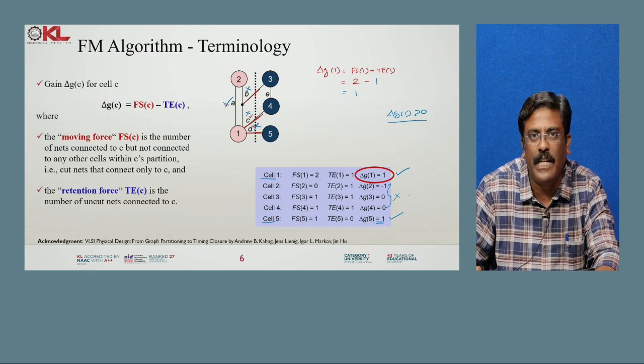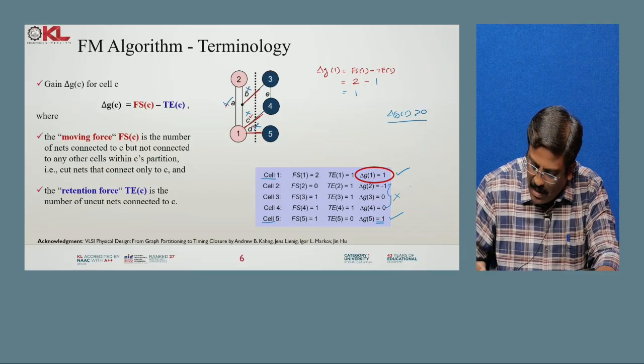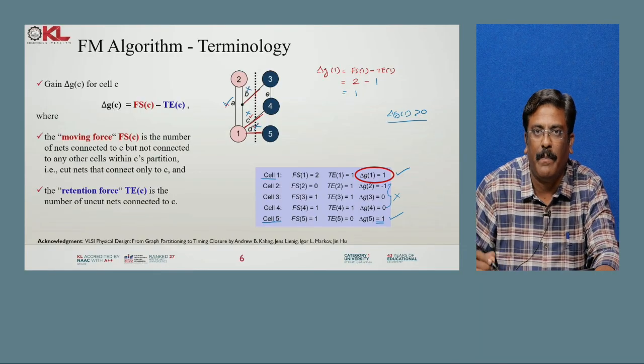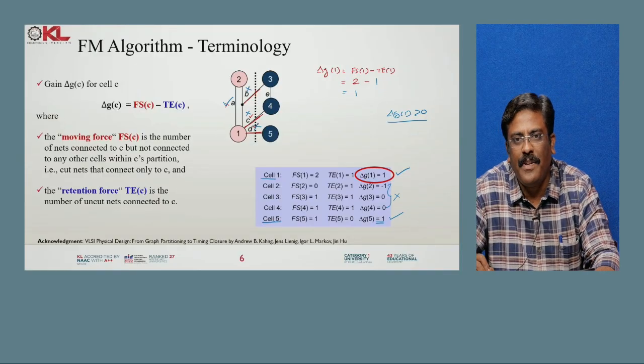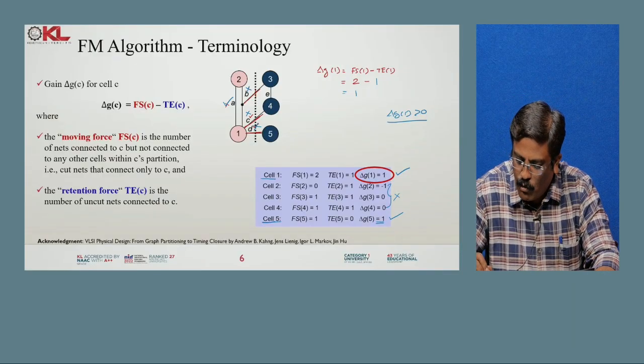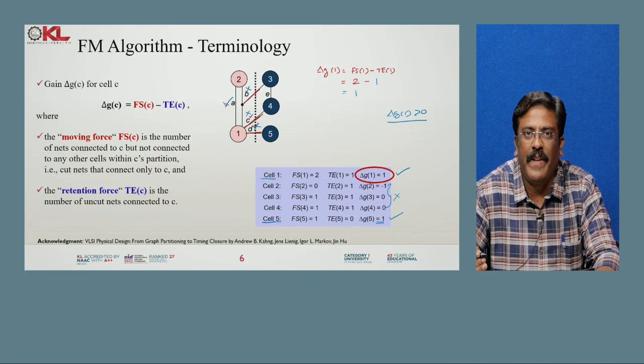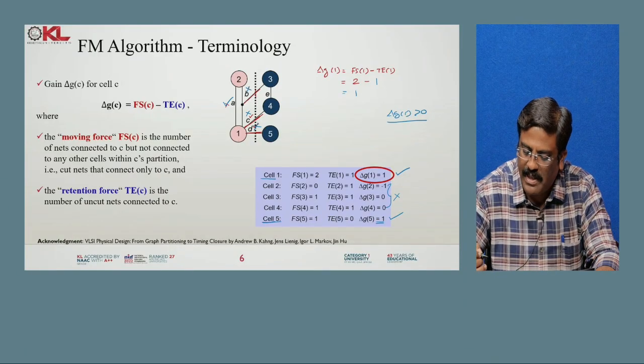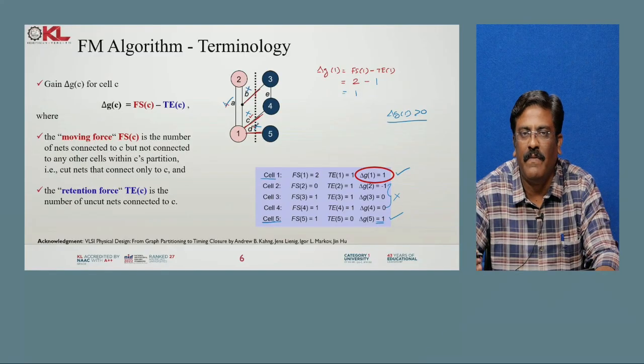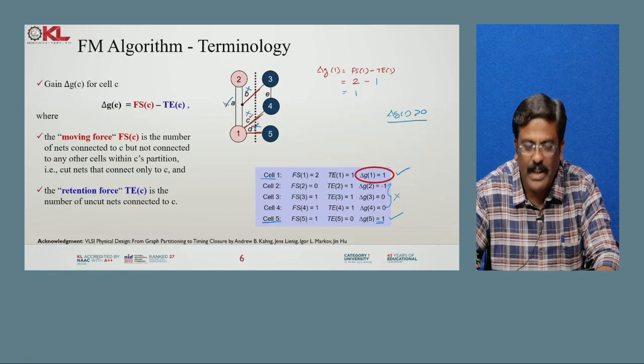Cell 1 is eligible to move, and cell 5 is also eligible to move. So we can't decide whether cell 1 or cell 5 is movable, since both have the same value. So we have to consider some remaining factors available in the FM algorithm to decide whether cell 1 or cell 5 makes a move.